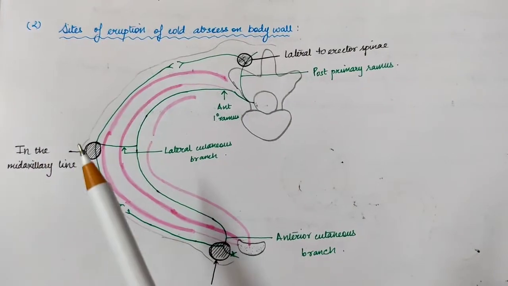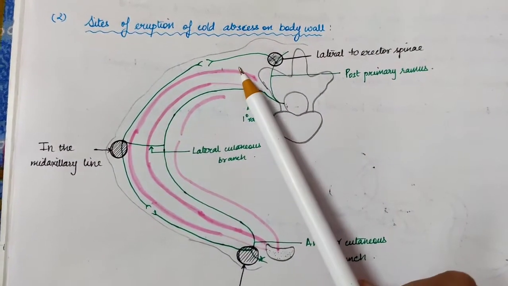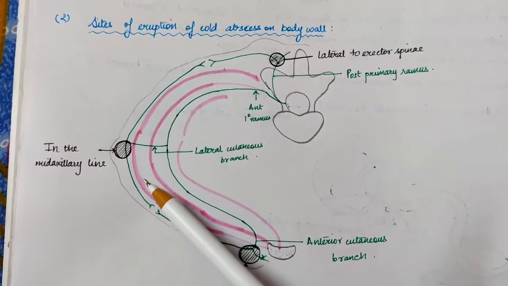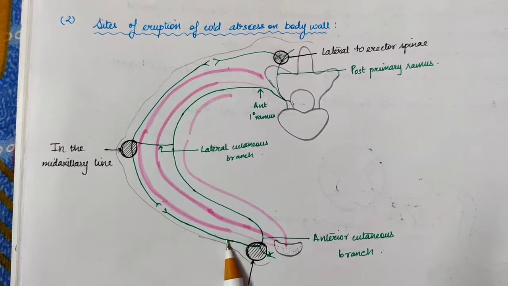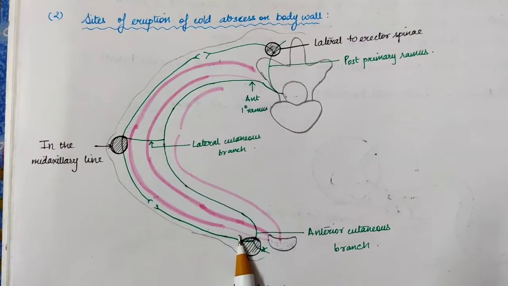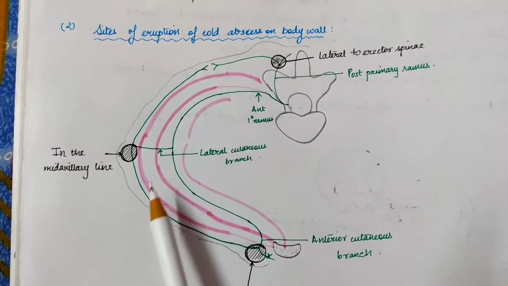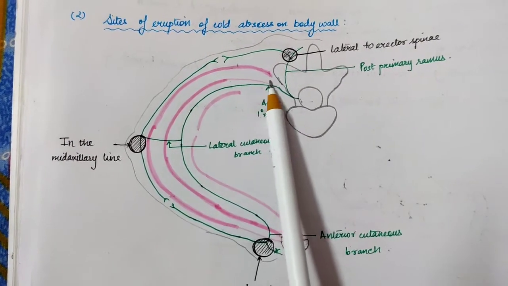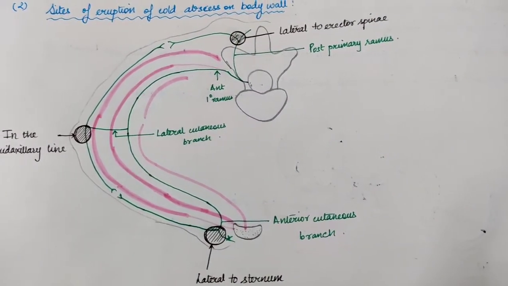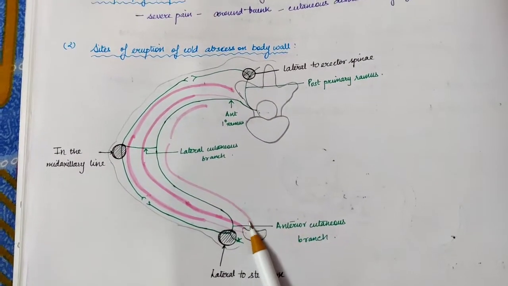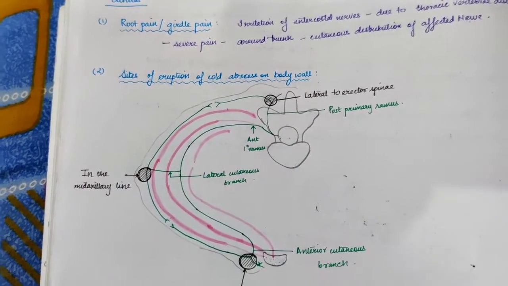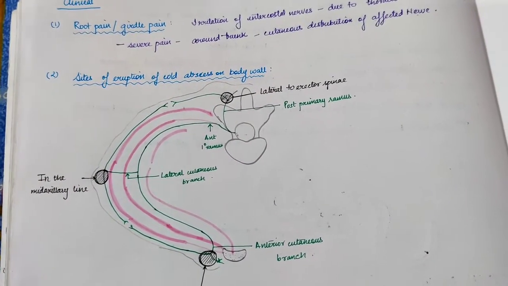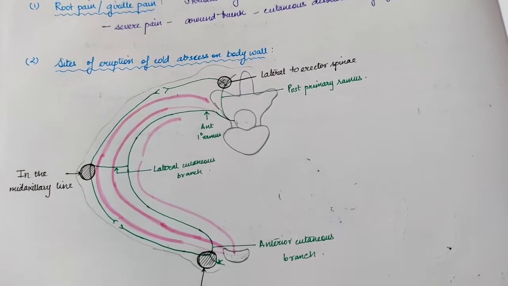First we have the external intercostal muscle, which extends as the anterior or external intercostal membrane. Then we have the internal intercostal muscle, which goes back as the posterior intercostal membrane. This part is the transversus thoracis, and this part is the intercostalis intimi.